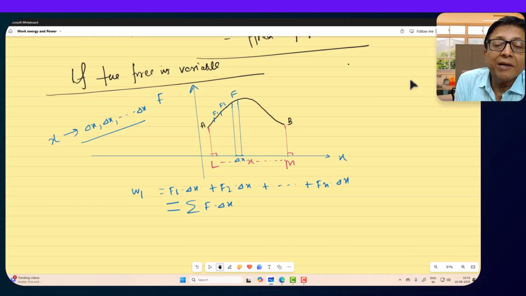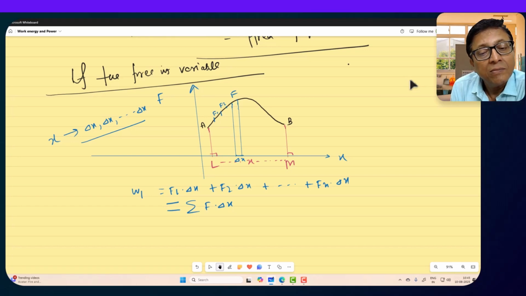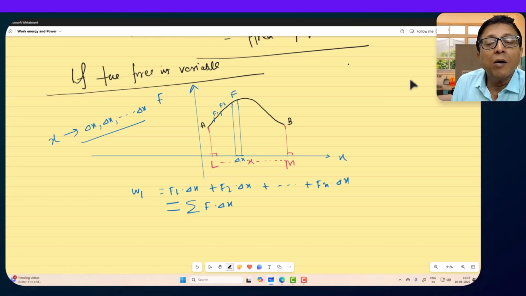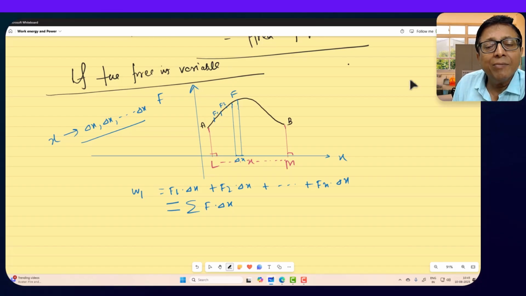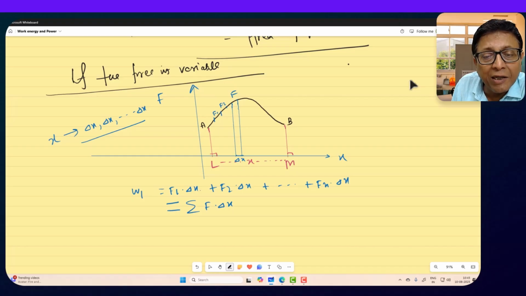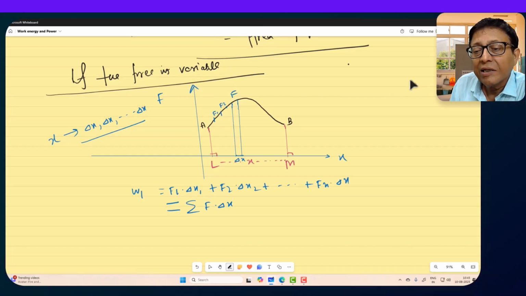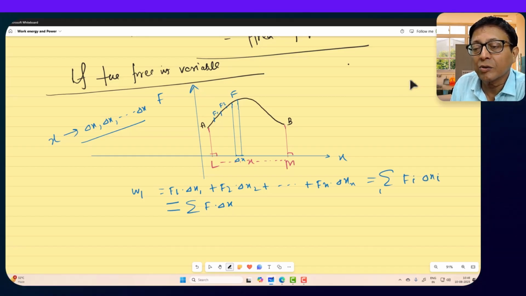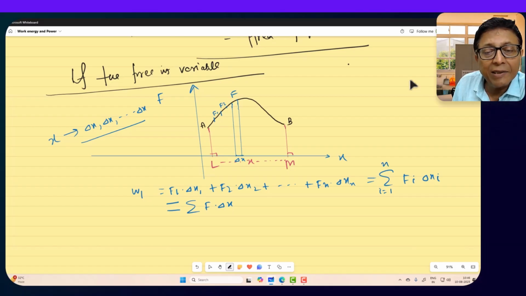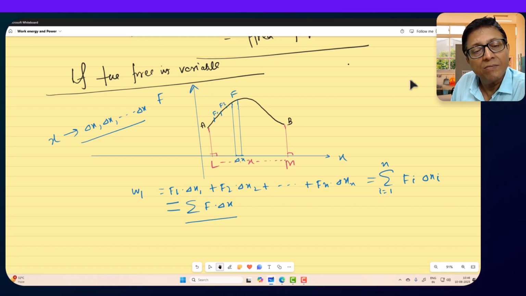If you say it will be delta x1, delta x2, no problem, you can take it that way also. If you take delta x1 here, delta x2 here, delta xn here, then this is Fi delta xi, i equal to 1 to n. That I have taken as sigma F into delta x.